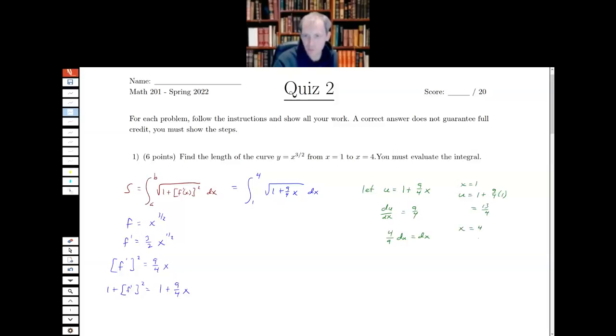When x is 4, u is 1 plus 9/4 times 4. 4's cancel, 9 plus 1 is 10. So I'm going to go from these x values to a set of u values.